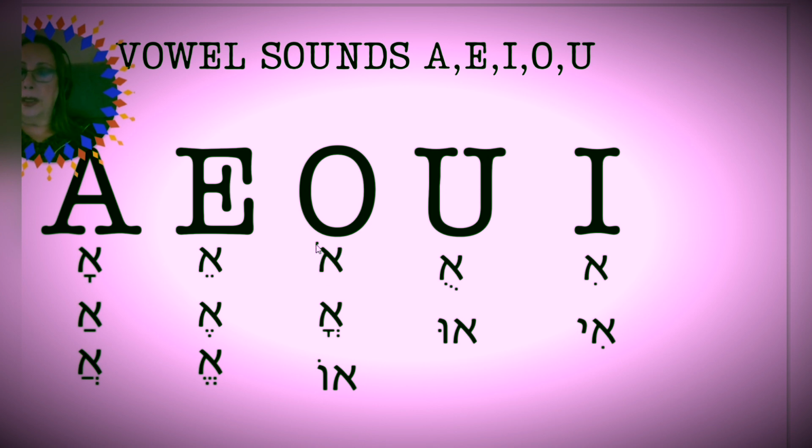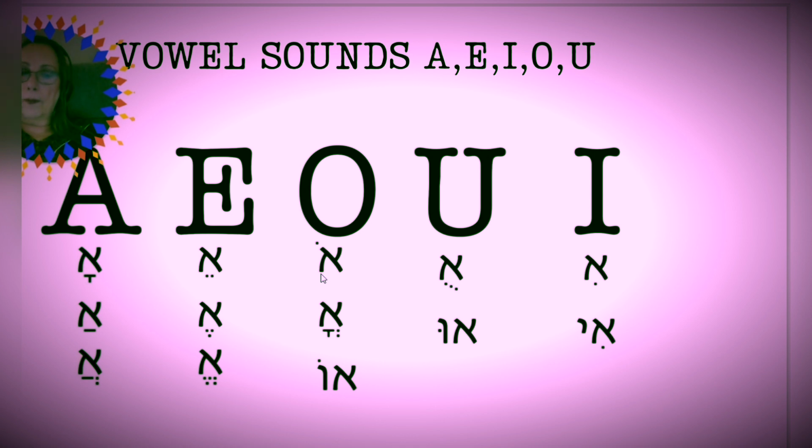The sound would be O. Or should I say, when it comes to the aleph, you have that dot on the left. Okay, it gives it the O sound. O, and the aleph is silent.